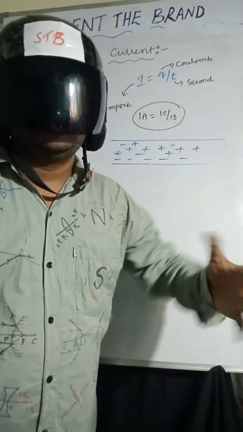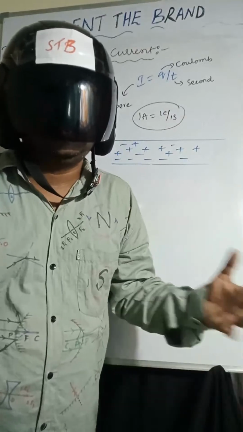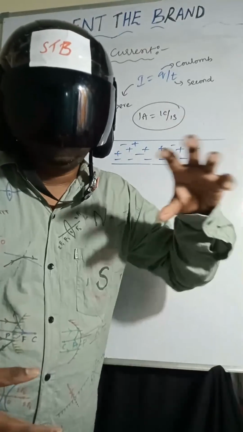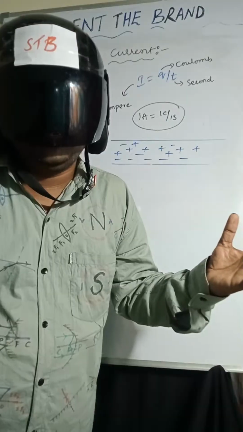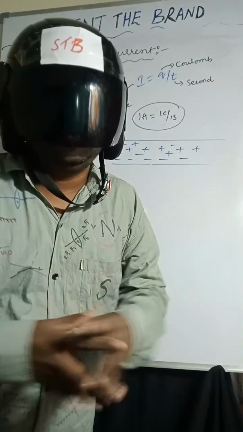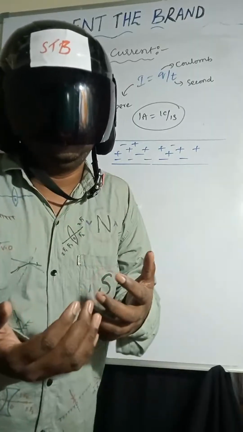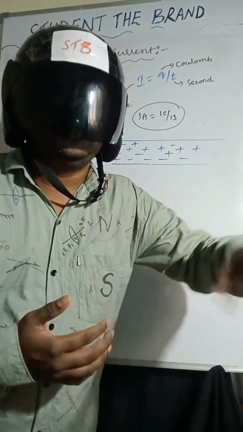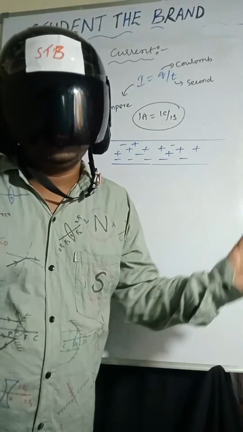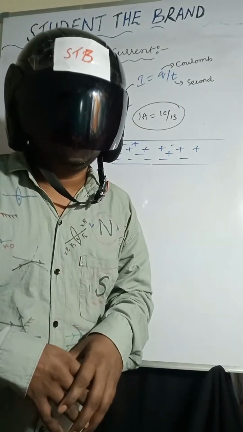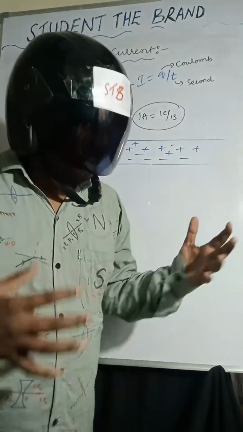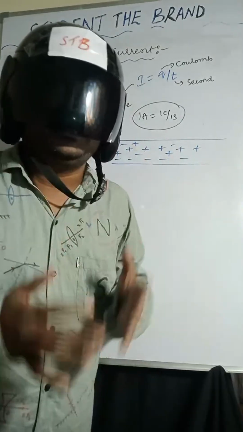Only two charges, three charges, four charges, even five charges moving inside of the conductor, will you say current is flowing? No. When a number of charges are moving inside of the conductor, then we can say current is flowing.